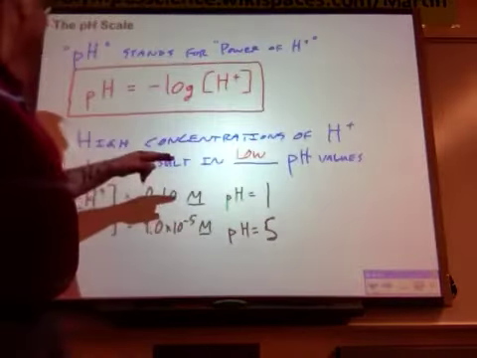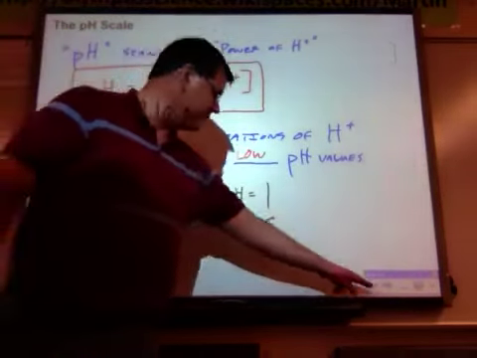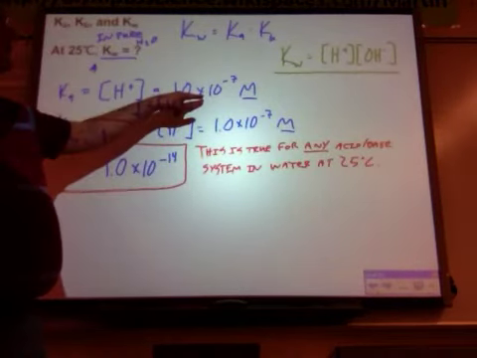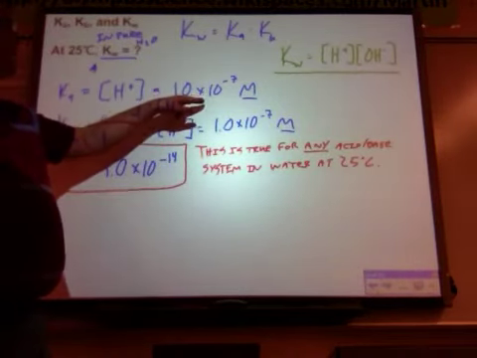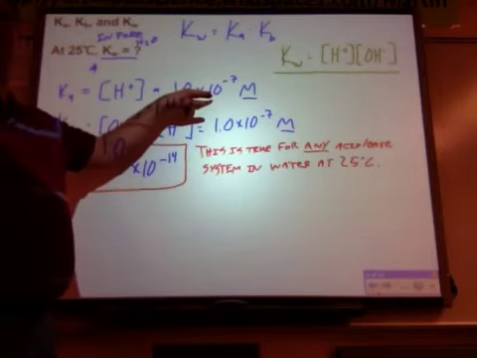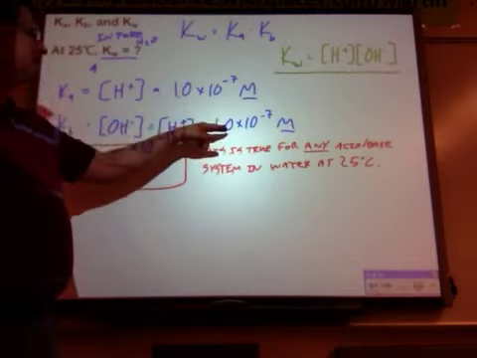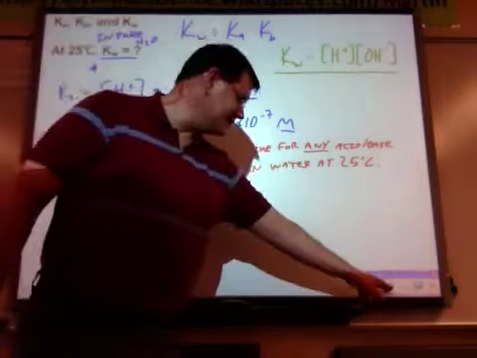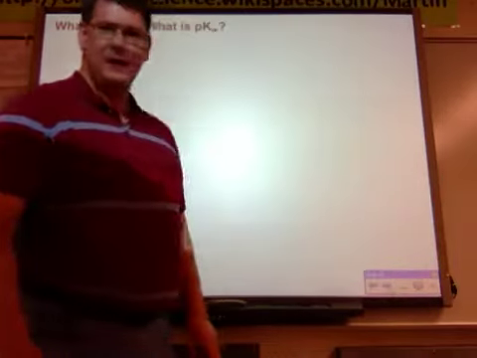At higher temperatures, it may not make this concentration. It might make, say, 1.0 or maybe 1.2 times 10 to the minus 7. But it would also make that same amount of both ions. Okay? So, that's the difference.